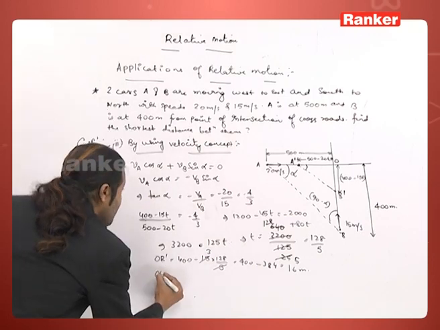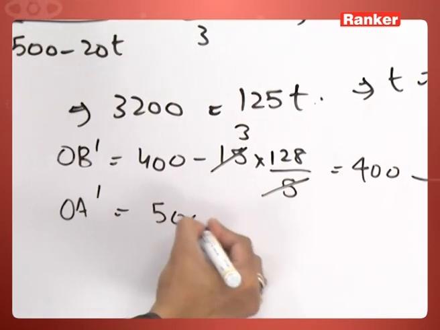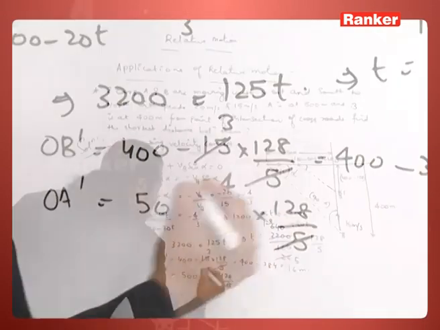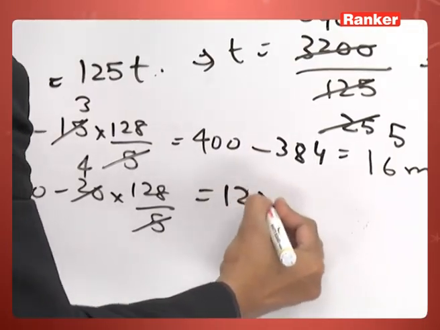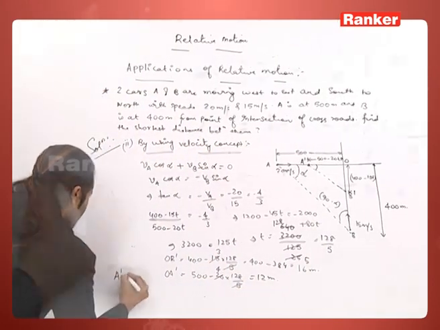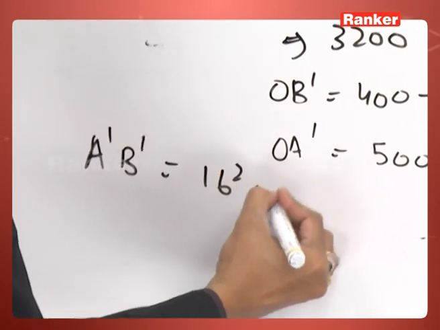And OA dash is equal to 500 minus 20 into 128 by 5, which is 12. So A dash B dash is the square root of 16 square plus 12 square.